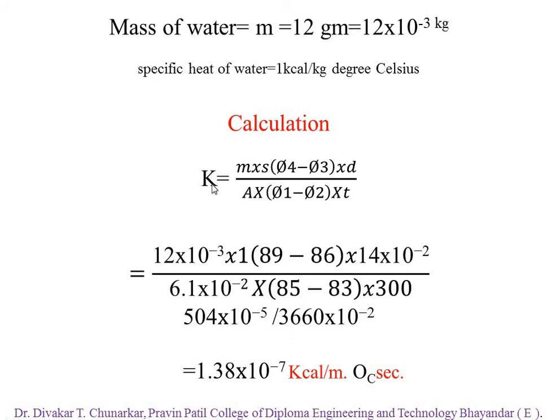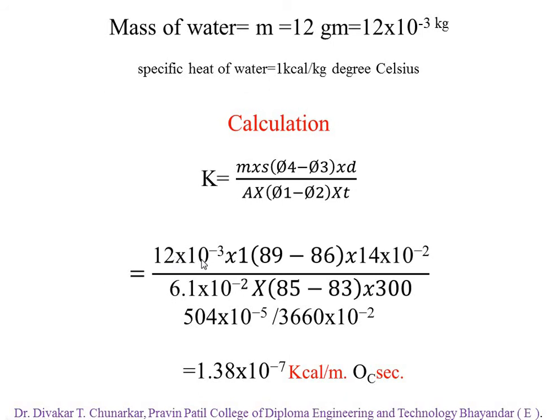Then calculation. We know this formula: K equals M into S into (theta 4 minus theta 3), complete, into D upon A into (theta 1 minus theta 2) into t.